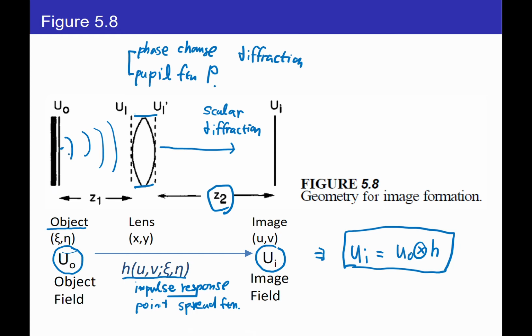So we start with the point light source, reach just before the lens, calculate ul, and right after the lens calculate ul prime. From here you get the free space propagation.